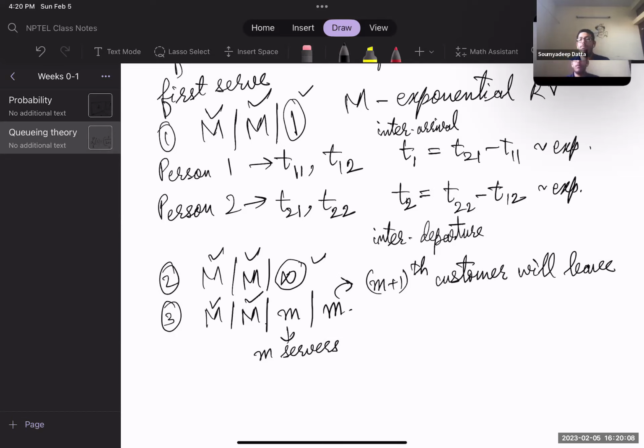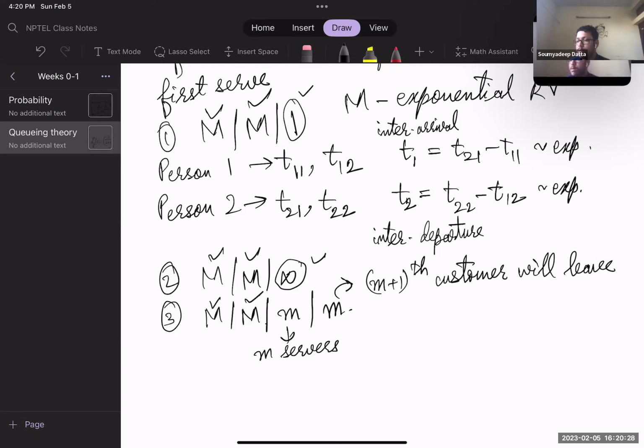So let's say you are monitoring the line and you see that there are M number of customers already in the queue, you will not build the queue any further. You will ask the other customers to leave, something like that.